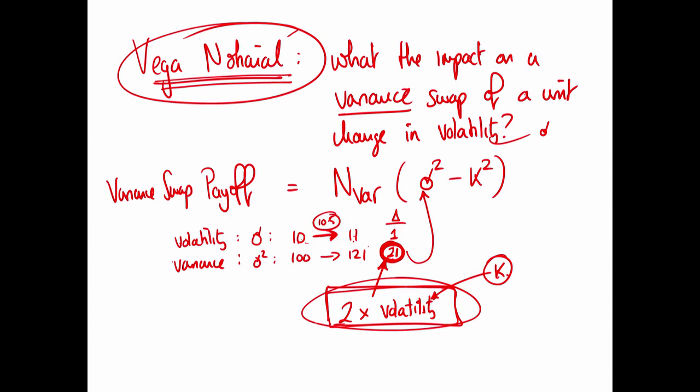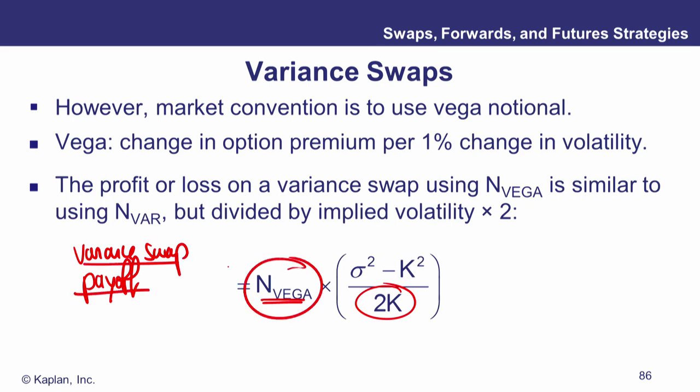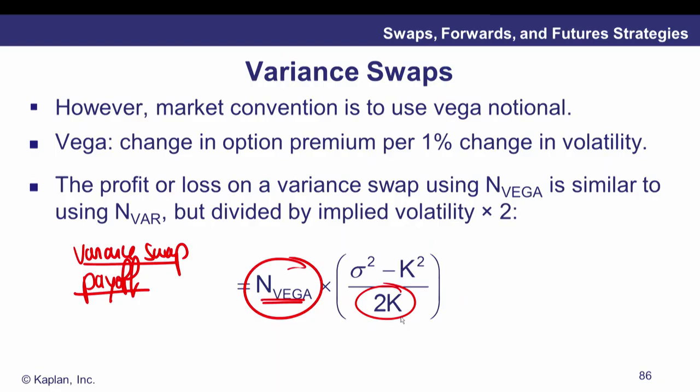And that's why your payoff in the variance swap, if you start with a Vega notional, that's exposure to a unit move in volatility, then you'll start with 2K. To get back to variance notional, you've got to divide it by 2 lots of the volatility.